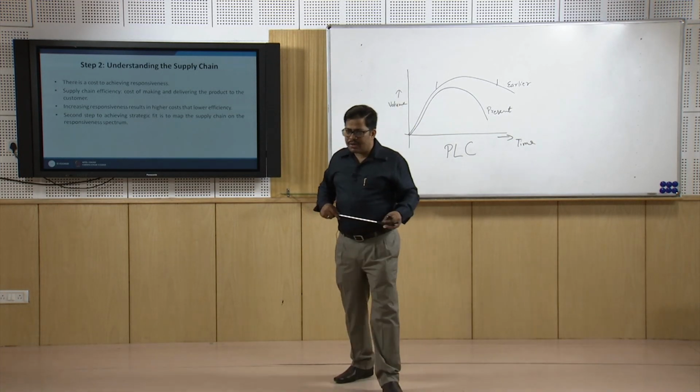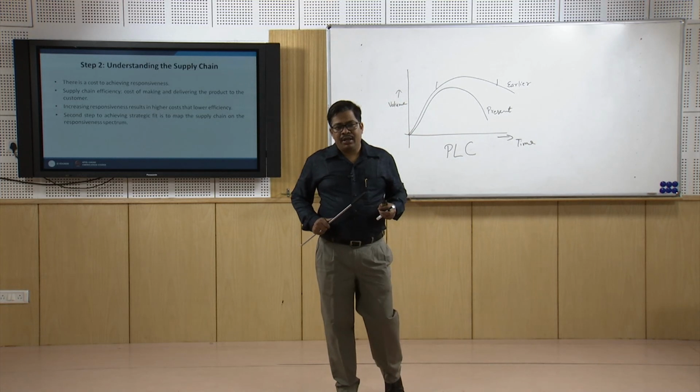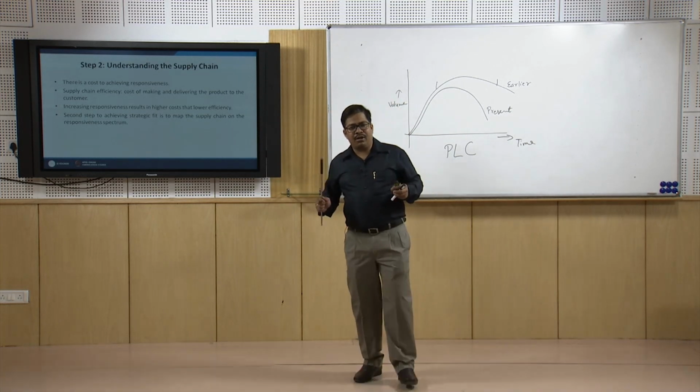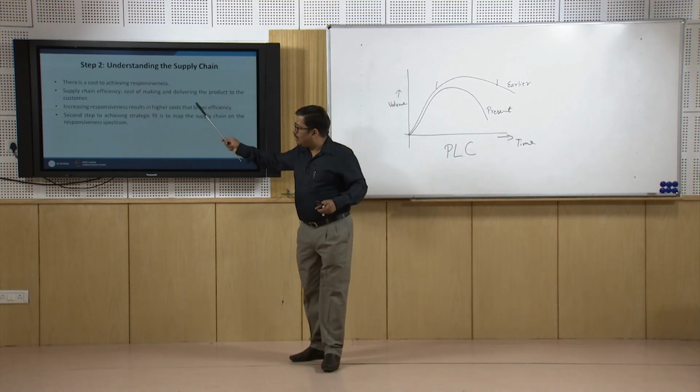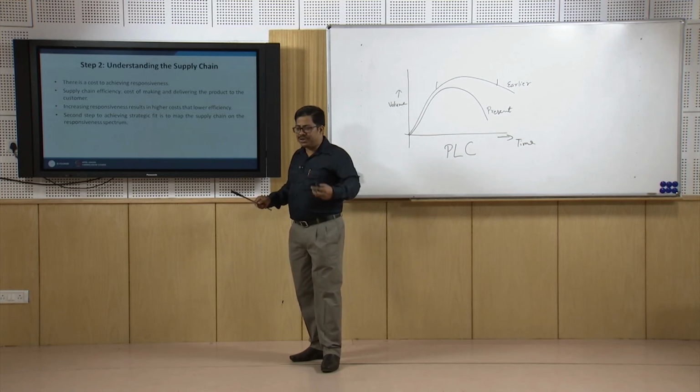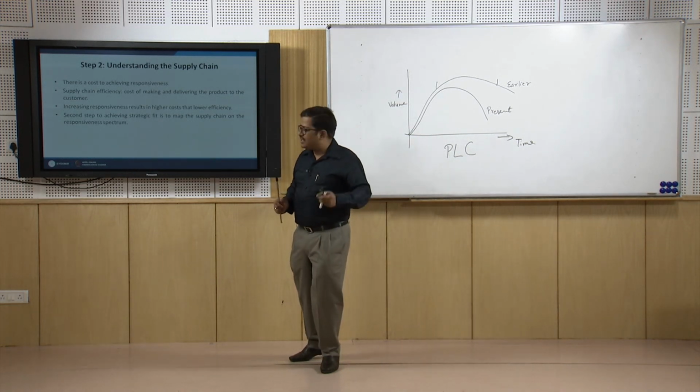Now, it is also very important to understand that to achieve a particular level of responsiveness, there is a cost associated with that. When you want to achieve a particular level of responsiveness, you need to invest in developing the supply chain capability.